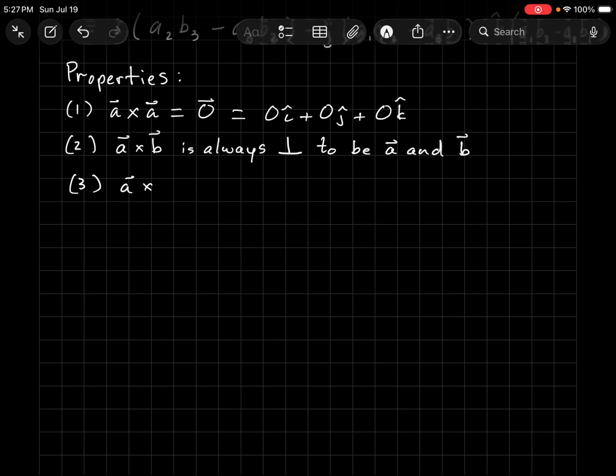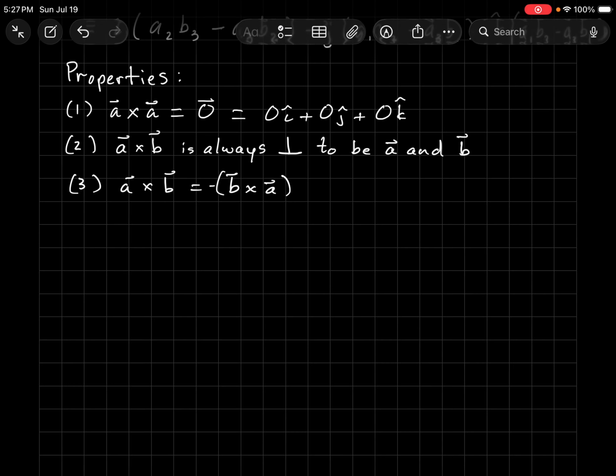A cross B does not equal B cross A, but instead equals the negative of B cross A. So when you switch the order, you get the negative of the resultant vector.